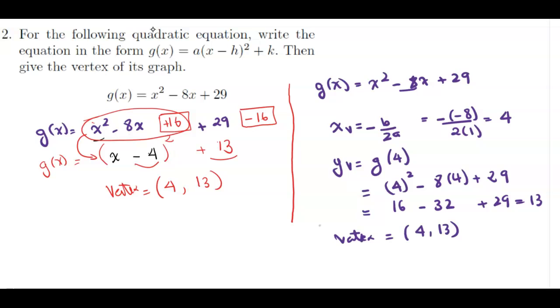So the only thing I need to do is just go back and plug it in here, identifying the a as 1, all right, identifying the h as 4, identifying the k as 13. You just have to plug it in here. g of x equals x minus 4 squared plus 13.